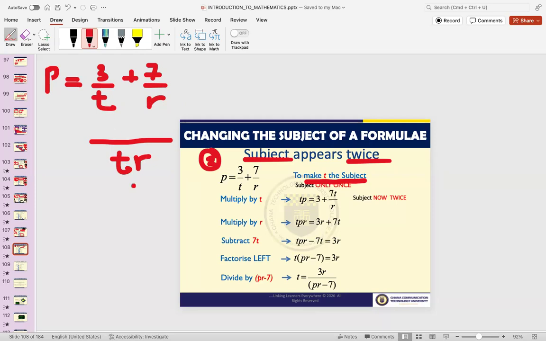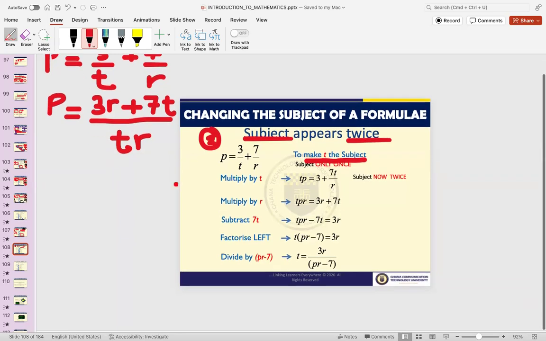So T comes into TR, R times 3, you have 3R plus R also comes into TR, you cover R, so it becomes T. T times 7, you have 7T.